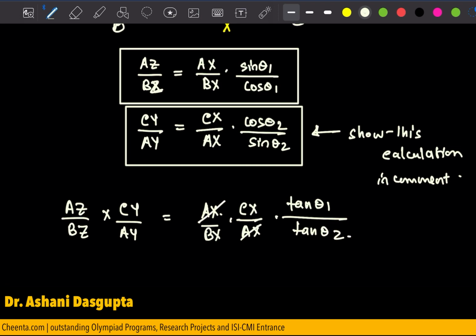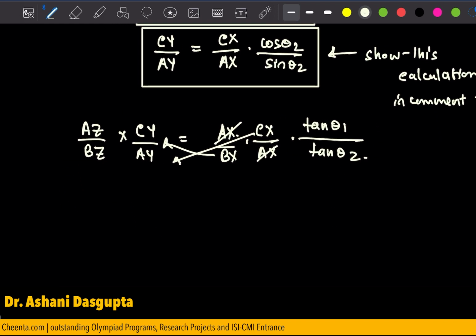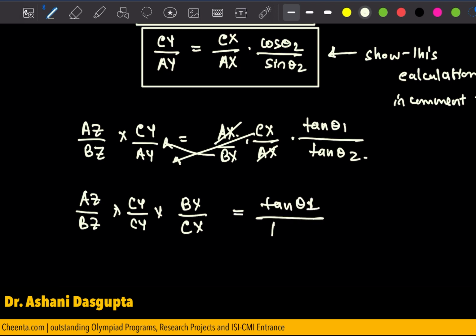So AX and AX will cancel off, and I can just cross multiply these two. So I have AZ over BZ times CY over AY times BX over CX is equal to tan theta 1 divided by tan theta 2.